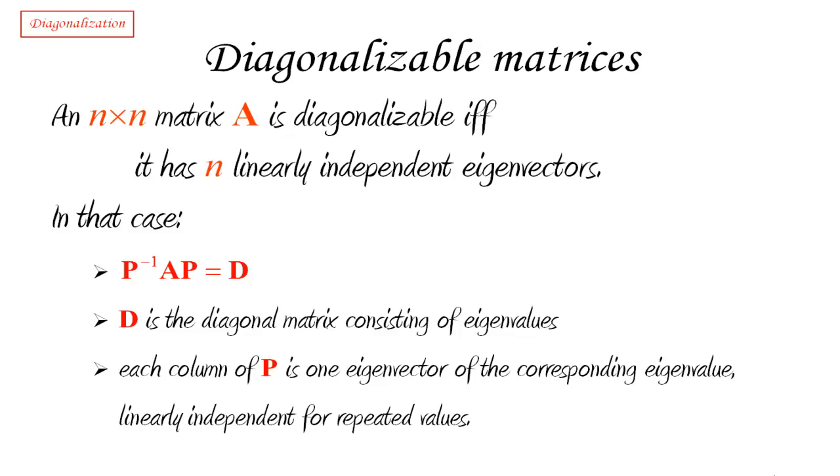And then for each column of the diagonal D, we're going to construct one eigenvector corresponding to the eigenvalue which is in that column. And if you have several columns with the same eigenvalue, we'll have to pick linearly independent eigenvectors. Okay? So this is the method to construct it. We're going to see in class some examples, and you can do some more of your own.